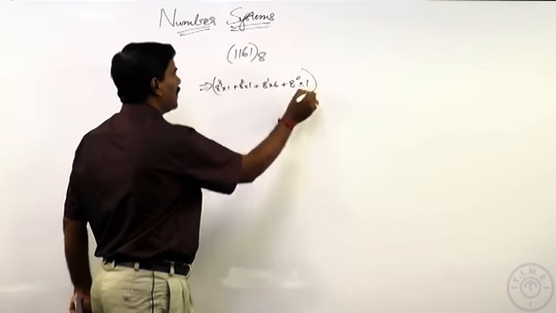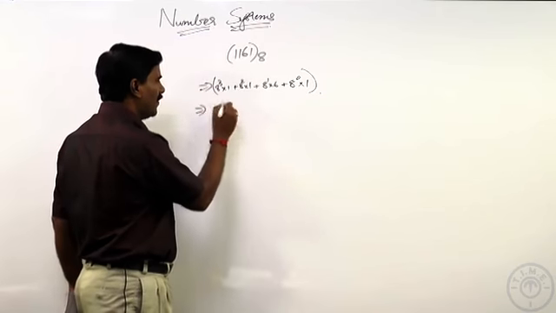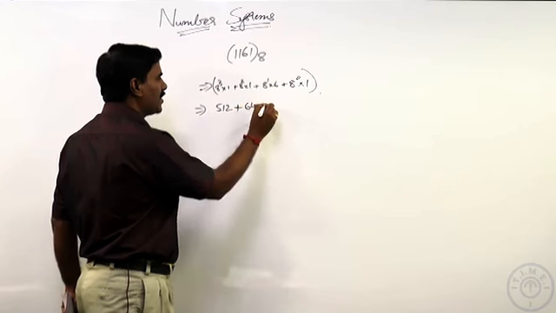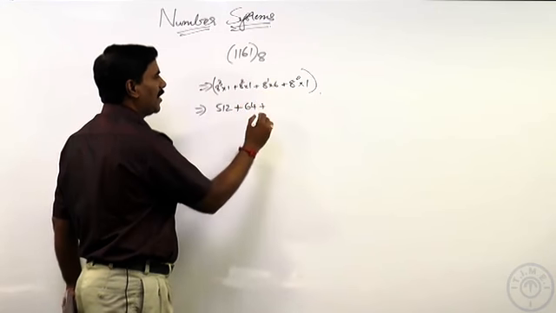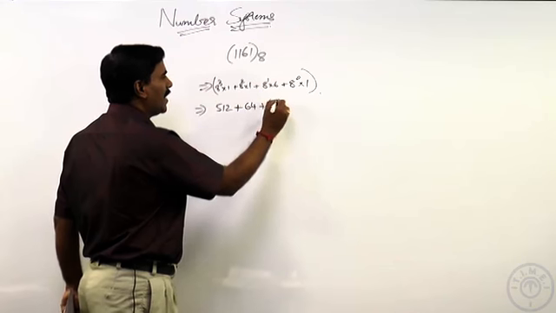So these are the things that we have here. 8 cube is 512, 512 into 1 is 512. 8 square is 64, 64 into 1 is 64. 8 power 1 is 8, 8 into 6 means 48, and 48 plus 1.